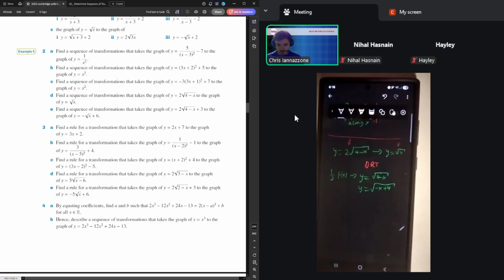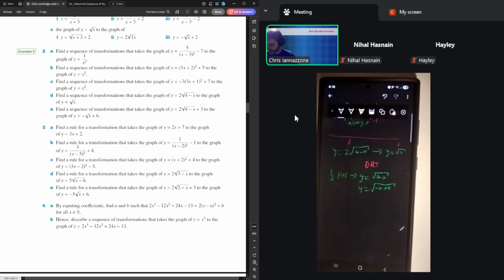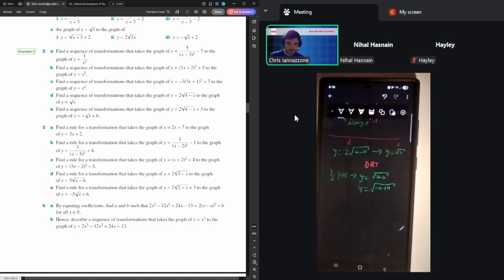Now we've got to look for reflections. If there are any, we've got to figure out how to change them. There is one. You can see there's a negative sign on the x. This is where the algebra is going to get a bit weirder, maybe. What operation do I have to do to turn this reflection into an absence of a reflection? F of negative x.